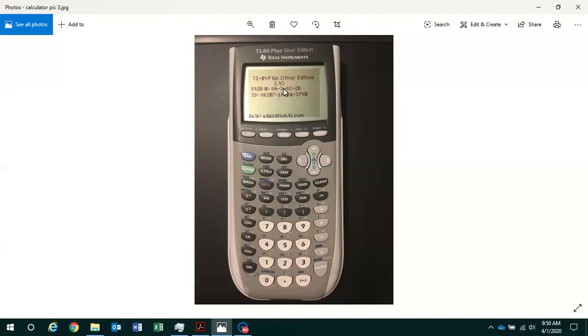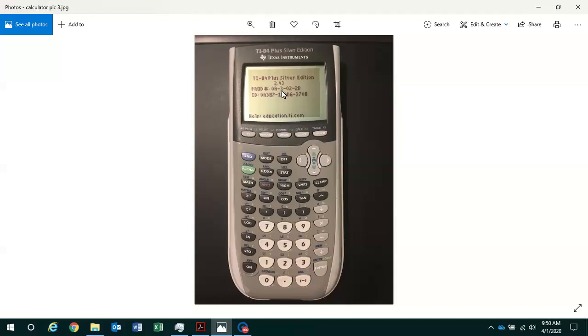Well, I have edition 2.43. That edition of software is too old, so I can't calculate a logarithm in any base. You need an edition of software, I think it's at least 2.5 or 2.55. If you have 2.55, you should be able to calculate a logarithm in any base, but it could be as low as just 2.5.